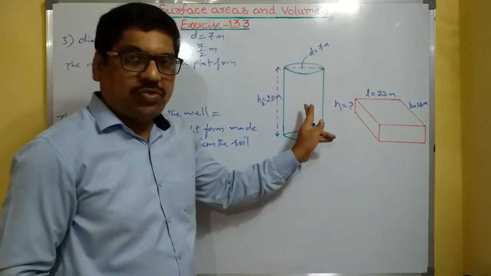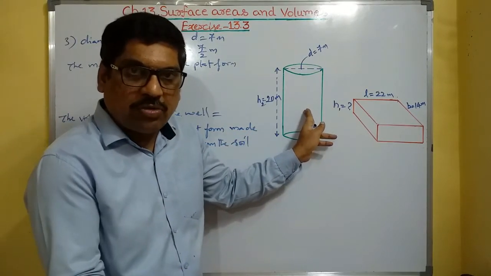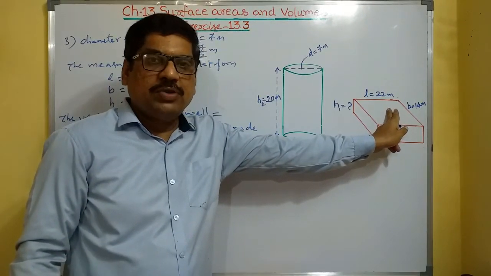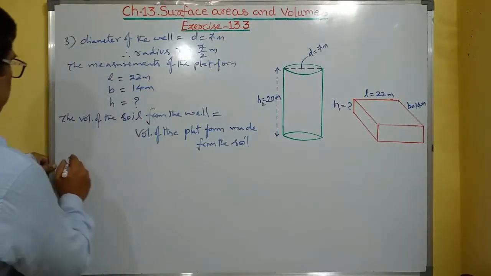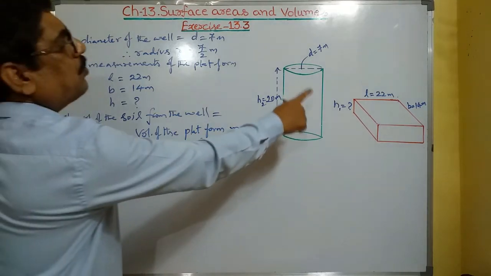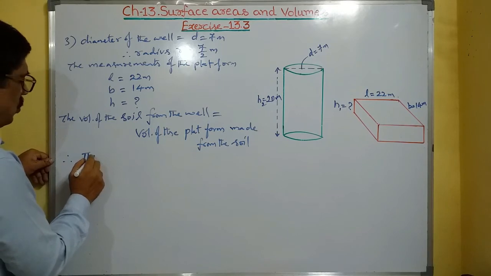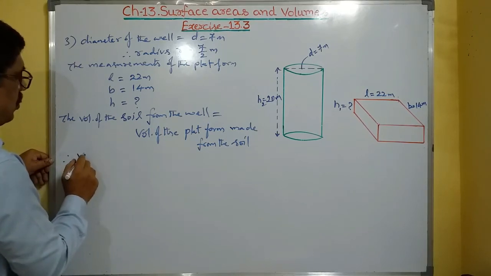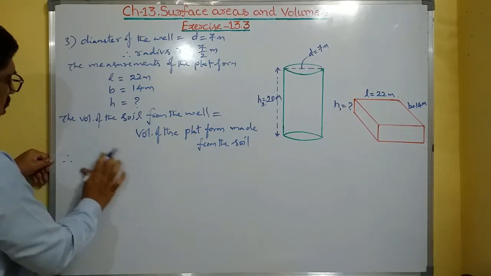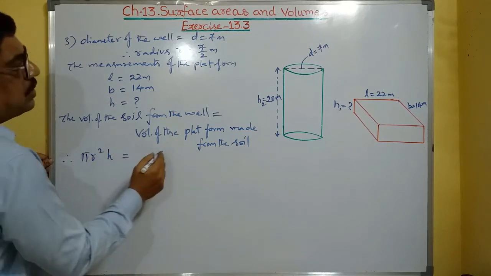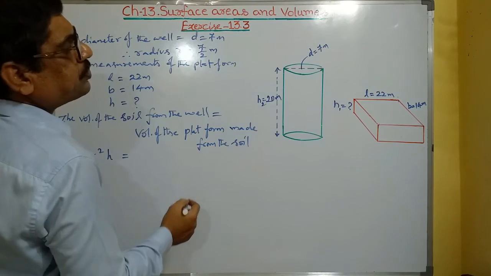So the volume of the soil which we get from the well is equal to the volume of the platform which we make. Therefore, what is the volume of the well? Volume of the well is in the shape of a cylinder. So the volume of the well is pi r square h, equal to the volume of the platform.